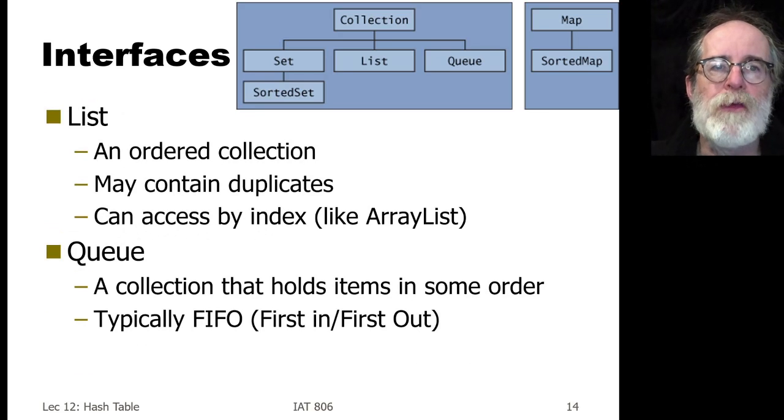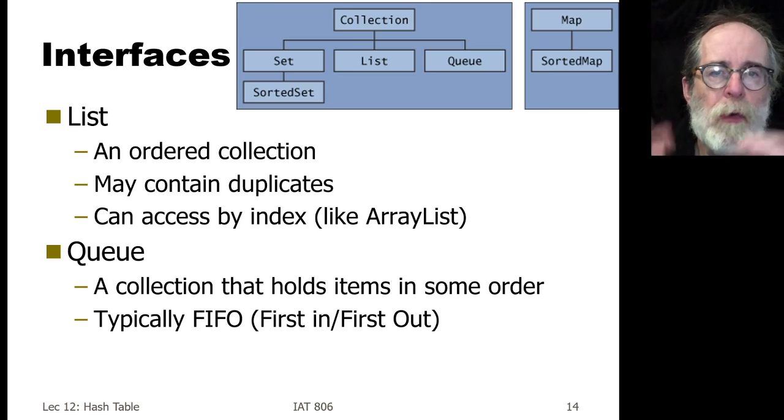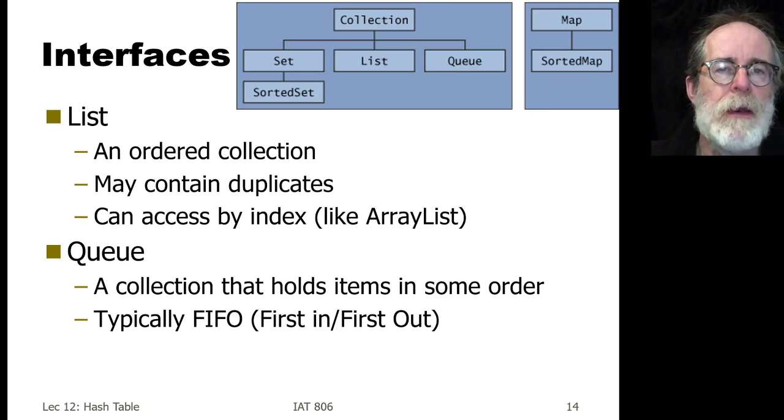A list is an ordered collection that may contain duplicates and can be accessed by index. So array list is a list. We've already been using this stuff. Now we're just talking about the wider world of where this lives, so to speak. A queue is a collection that holds items in some order, typically FIFO, first in, first out.